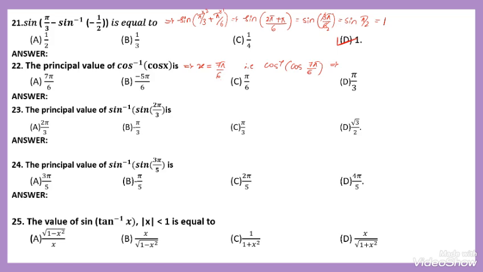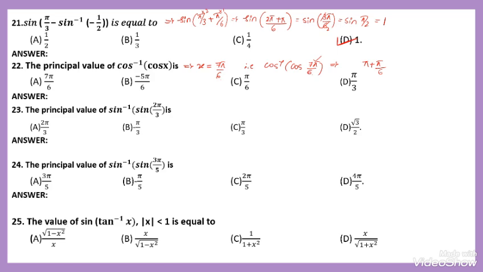Here in the numerator and denominator, the numerator is bigger and the denominator is smaller. So I can write 7 pi by 6 as pi plus pi by 6.